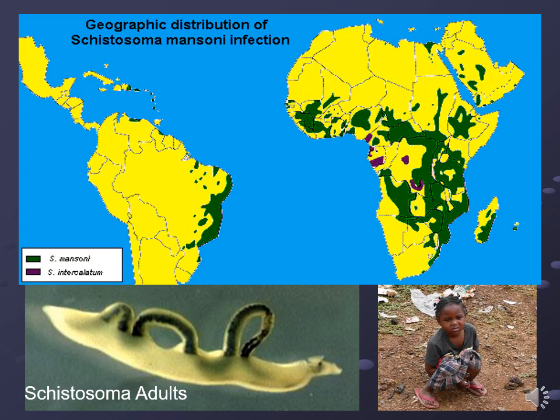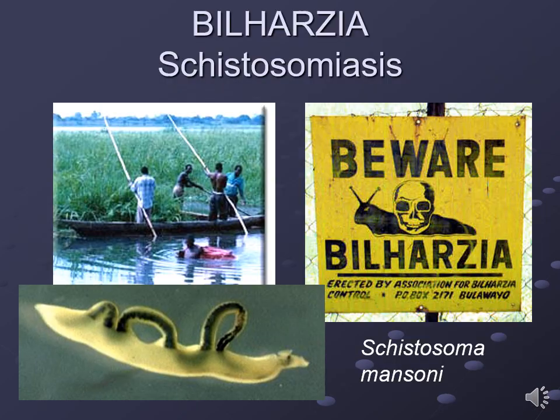Okay, this is a geographic distribution of Schistosoma mansoni infection. Schistosoma mansoni is the cause of bilharzia. They call it that in Africa around the large lake district and around the Nile River and Nile Valley.